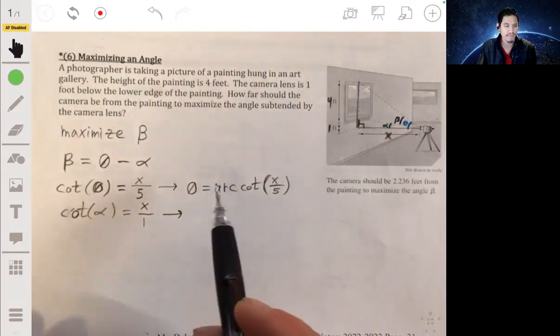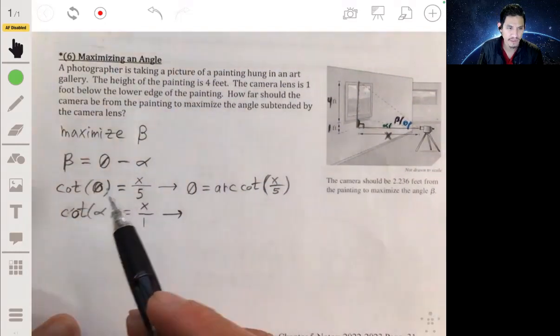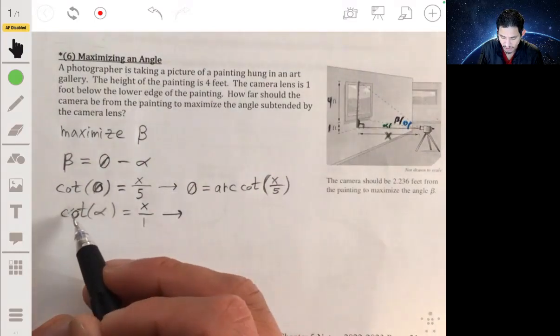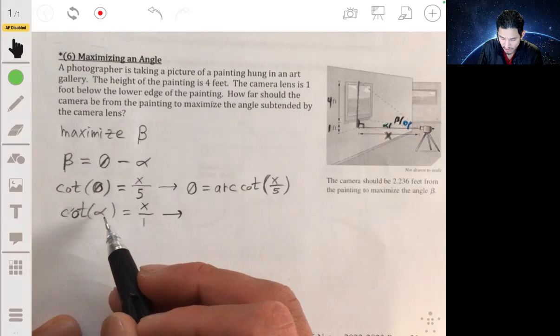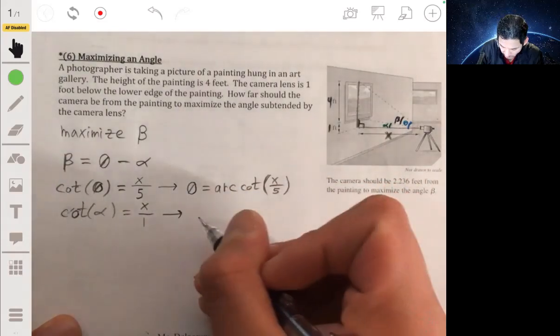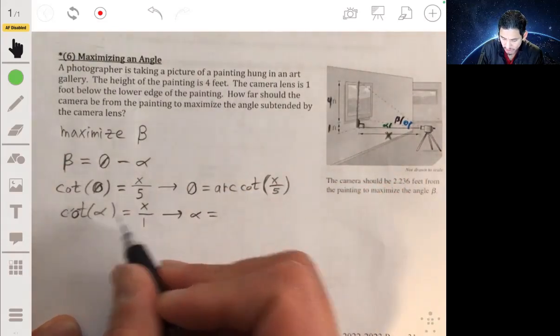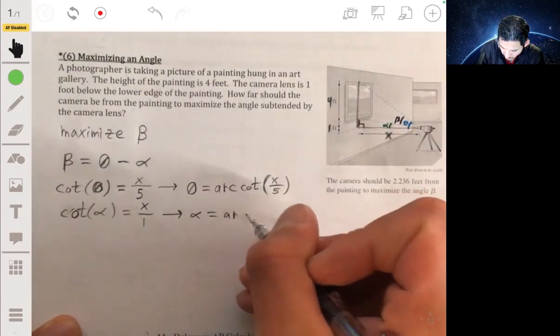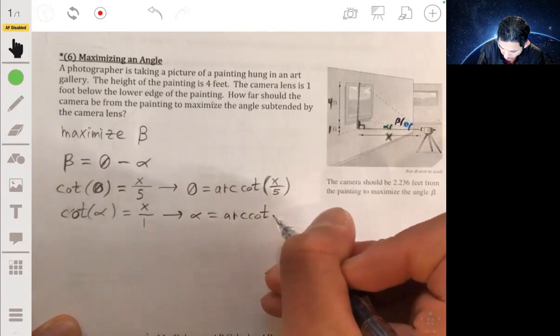And again, using that same thing we did for the cotangent of theta to get theta, we're going to take the arc cotangent of alpha, because that will just leave us with alpha, and we take the arc cotangent of X over 1. So this will be equal to the arc cotangent of just X.